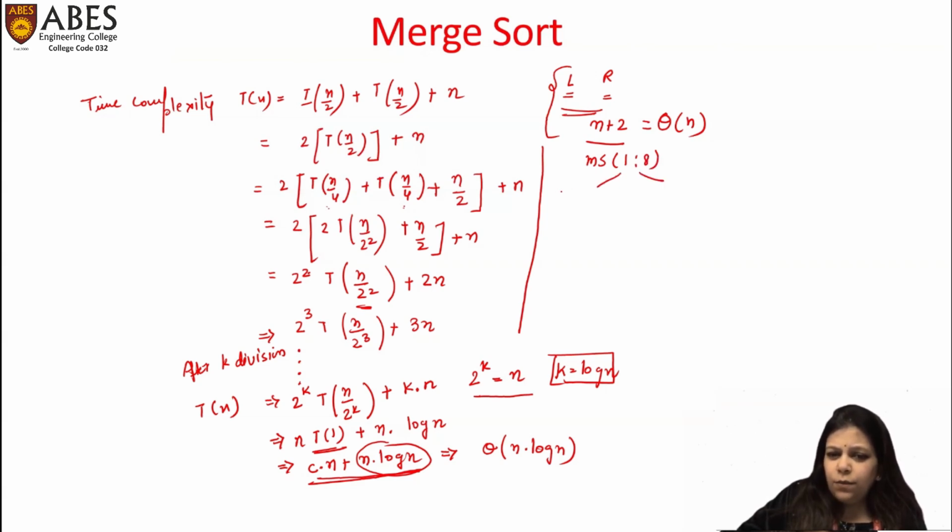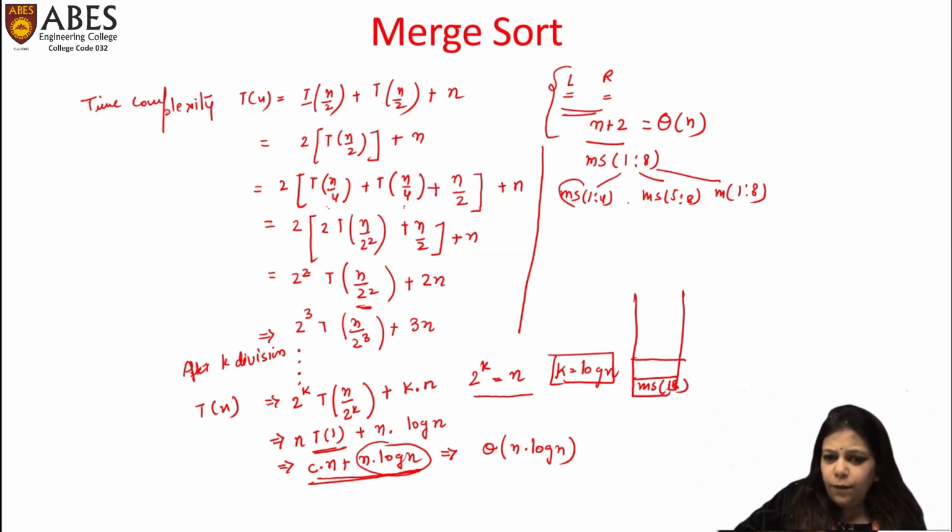This will again call the merge sort algorithm for 1 to 4 and merge sort for 5 to 8, and then it will call merge for 1 to 8, right? So if we make activation records for these calls, the first call is merge sort for 1 to 8. Then this call will be stored as merge sort 1 to 4.